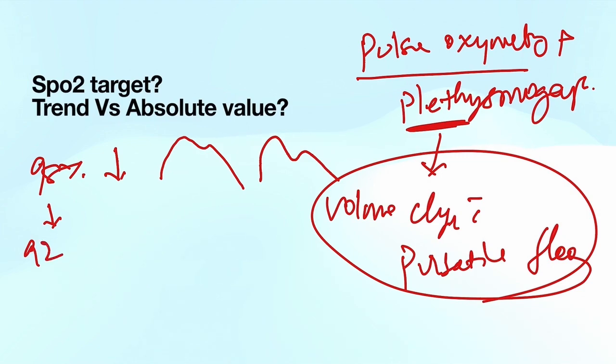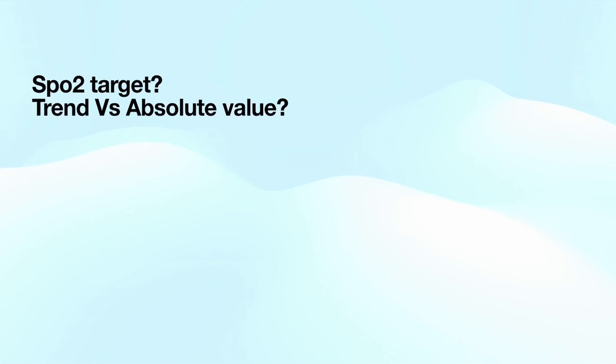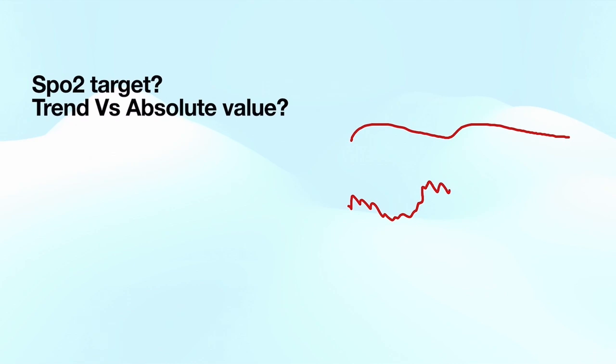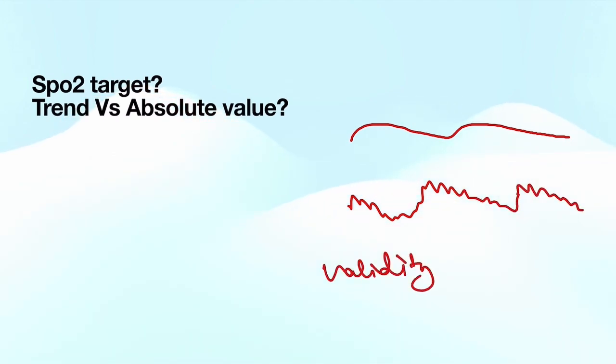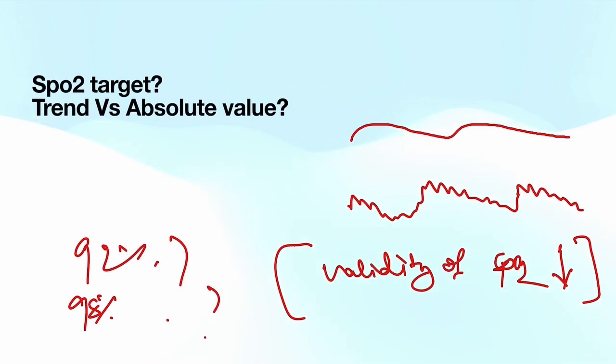Even if the value is 92 or 88, it is valid only when the waveform is proper, right? But if the waveform is not proper, or there is some artifact like this, the validity of absolute SpO2 decreases. You cannot comment whether the 92% or the 98% value is accurate or not. You cannot comment. So proper waveform analysis is mandatory, right?